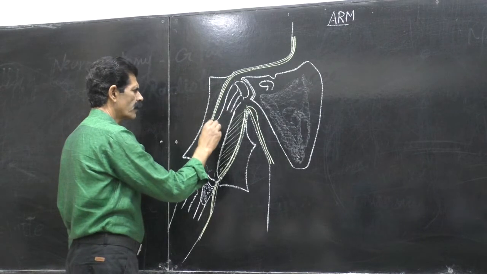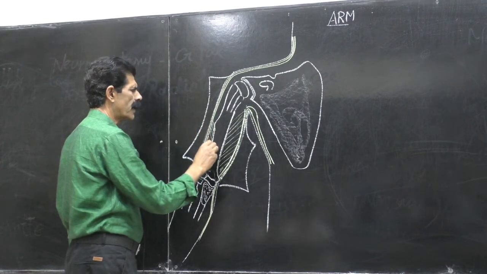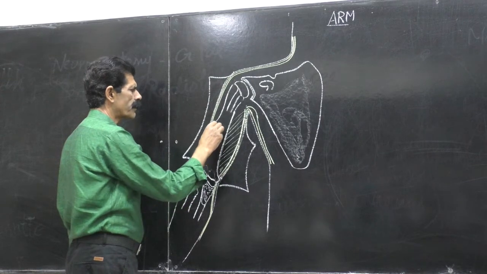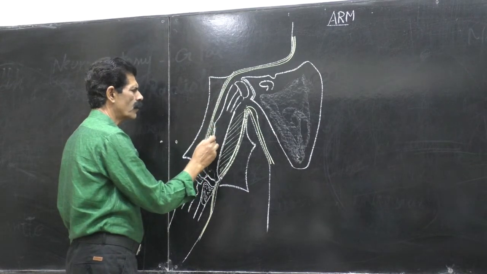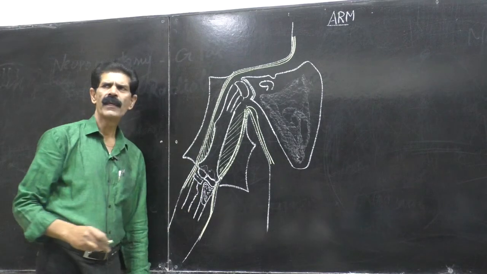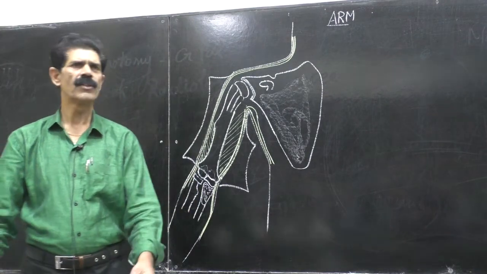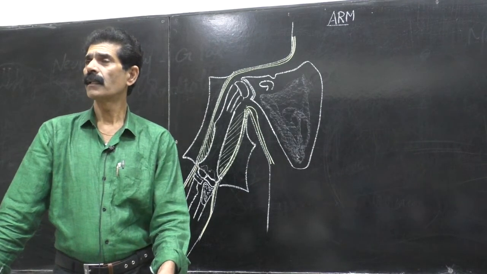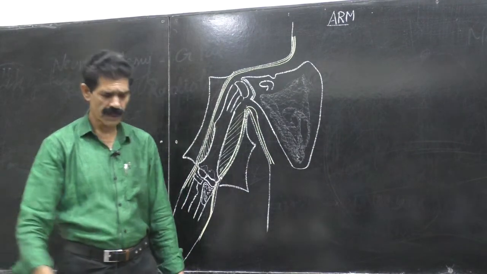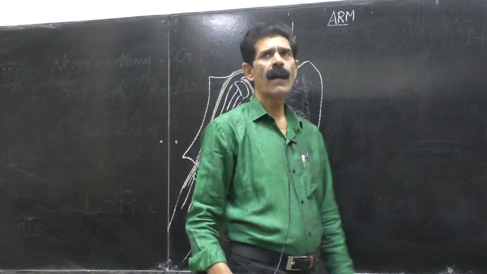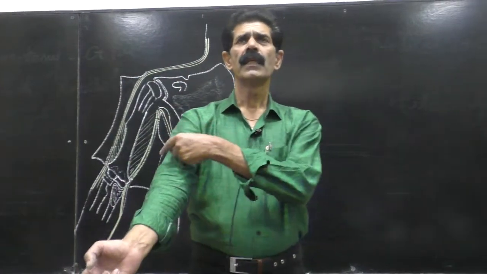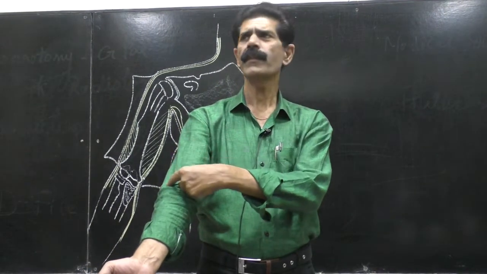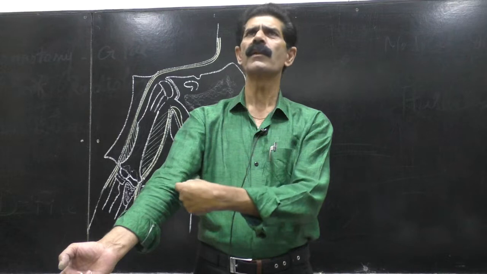Similarly, from the lateral border, below the lateral tuberosity, a lateral intermuscular septum is attached to the lateral border of the humerus and to the investing deep fascia of the arm. So these two septa, the lateral and the medial intermuscular septa, divide the arm into two compartments: in front of the humerus, in front of the lateral intermuscular septum and in front of the medial intermuscular septum.